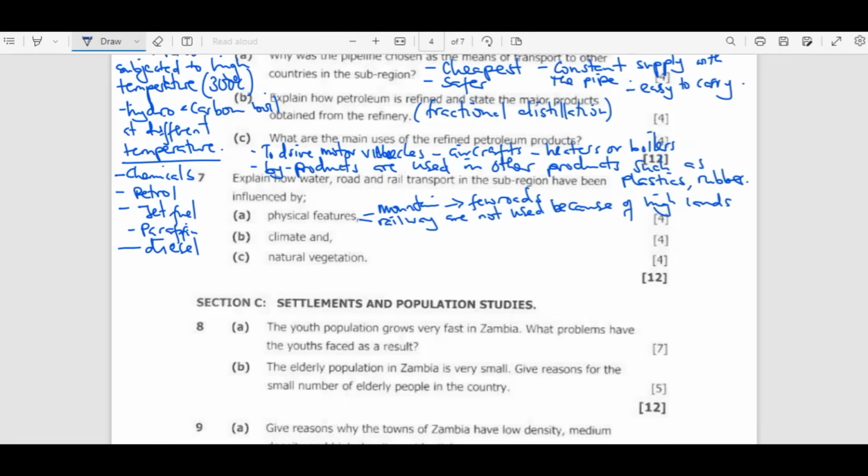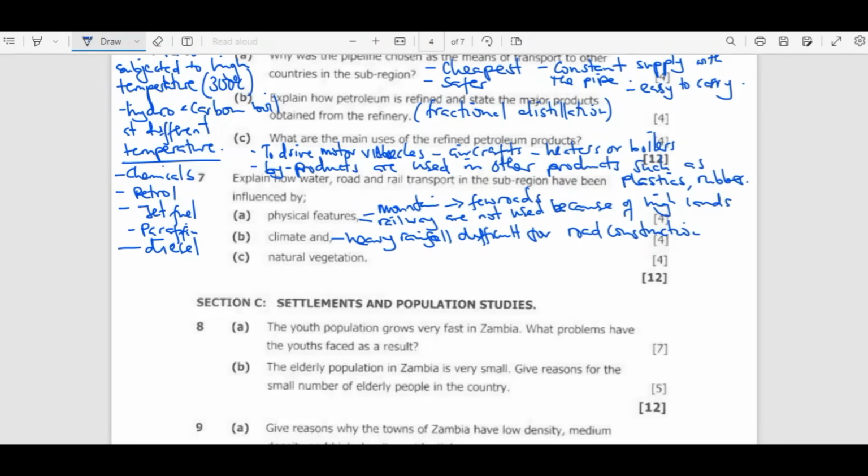Okay, so apart from that, we can look at climate now. So under climate, we are saying that heavy rainfall makes it difficult for road construction.